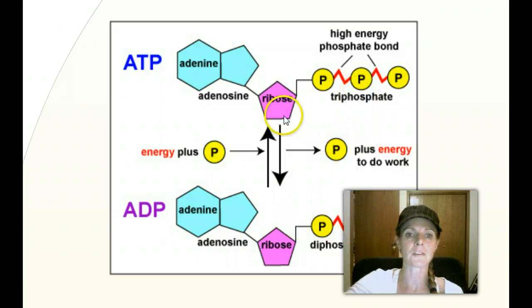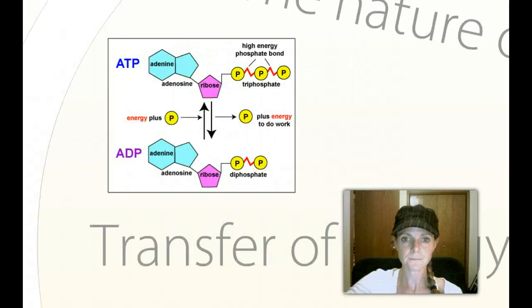So basically this cycle goes back and forth where you have ATP broken down to release energy into ADP. ADP can also gain another phosphate to then become ATP once again. Okay? That's the easy version, but I'll leave it at that. So hopefully you guys understand that.